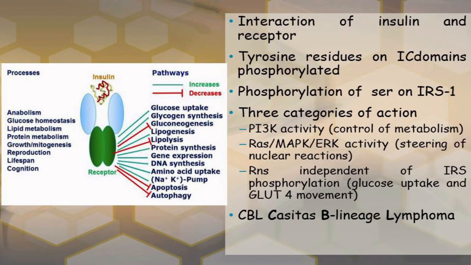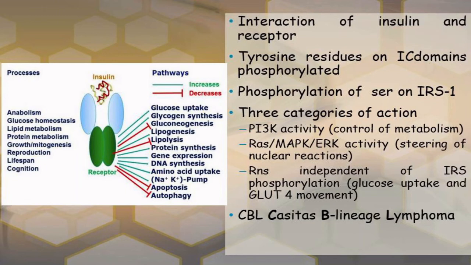So these are the different processes that are affected by insulin. So the green shows activation and the red shows deactivation. So insulin increases glucose uptake, glycogen synthesis, lipogenesis, protein synthesis, gene expression, DNA synthesis, amino acid uptake, and sodium potassium pump.